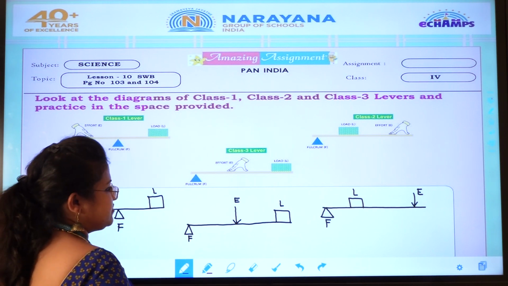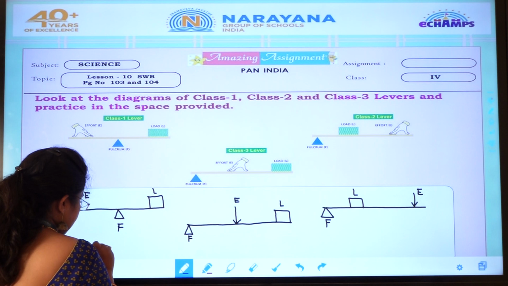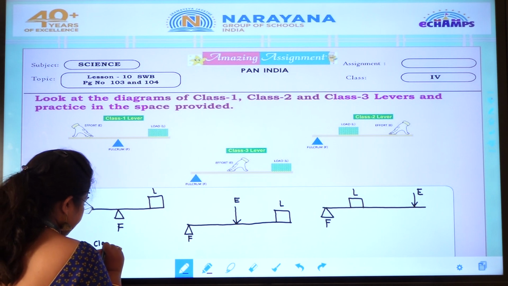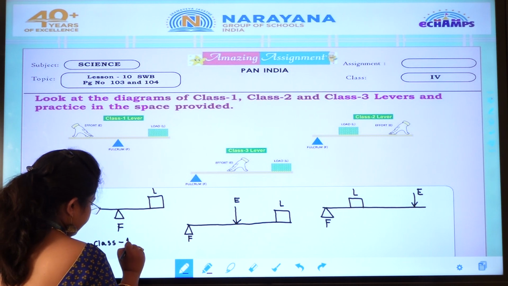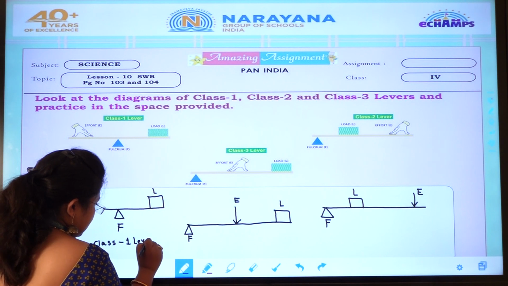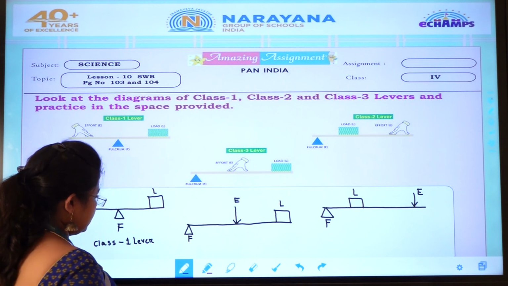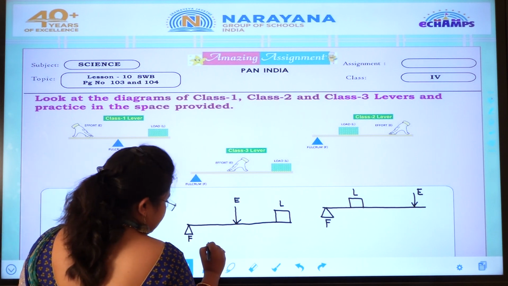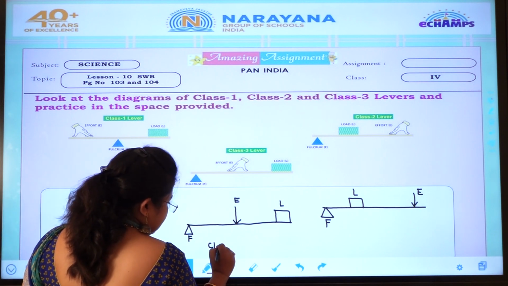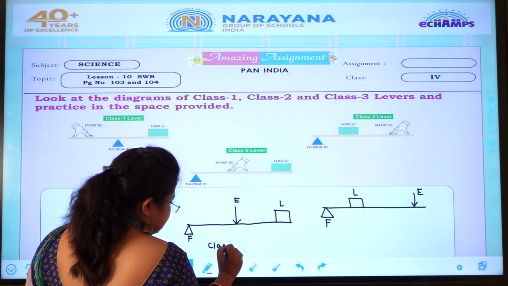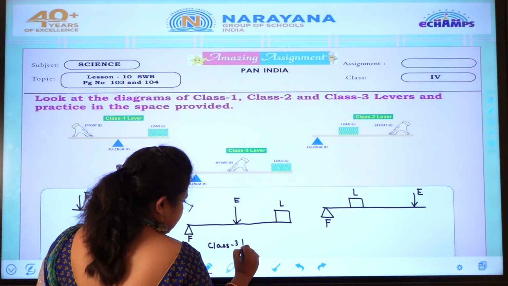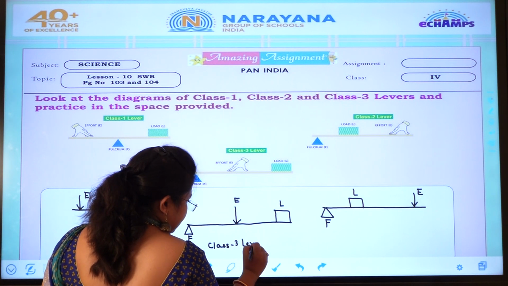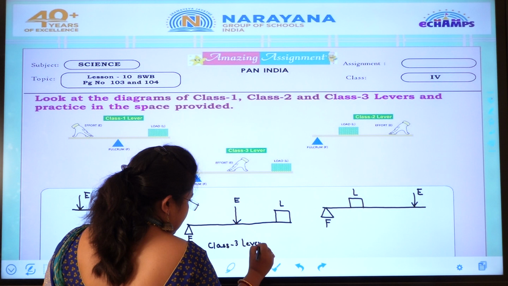Now I will write the names, children. First one is class 1 lever. This is class 3 lever, so we will write CLASS-3 LEVER.